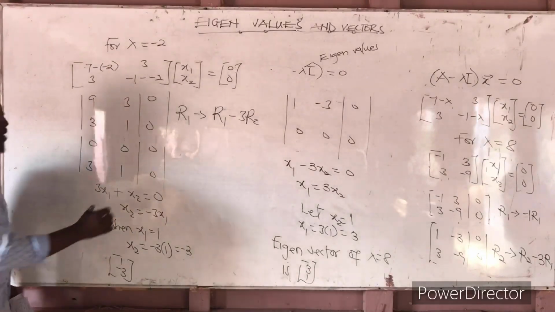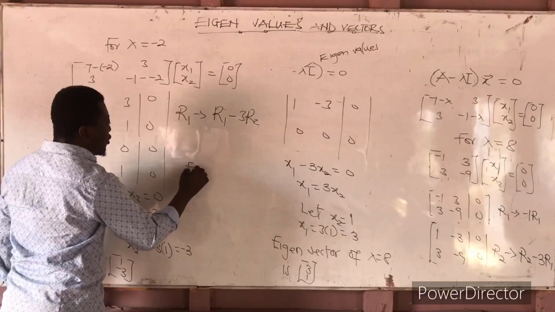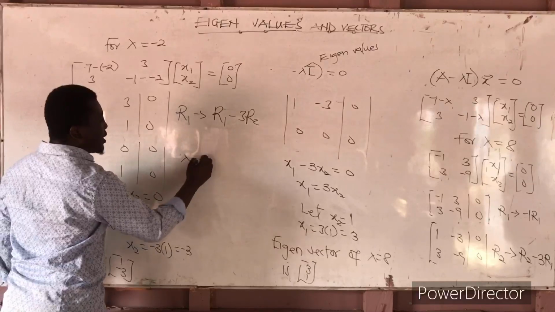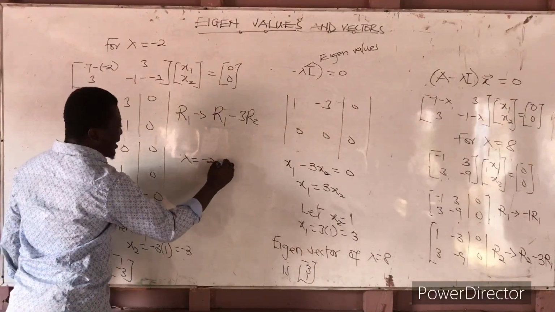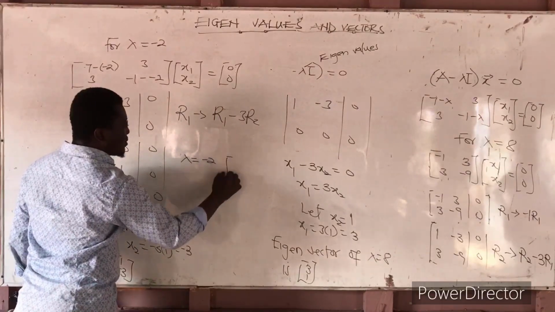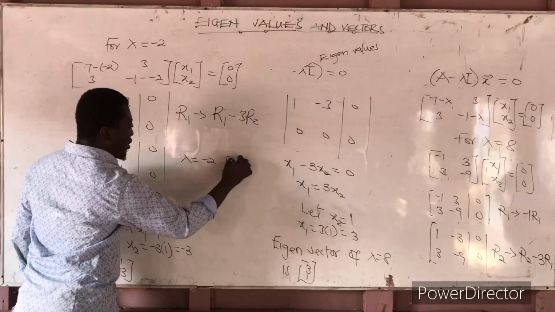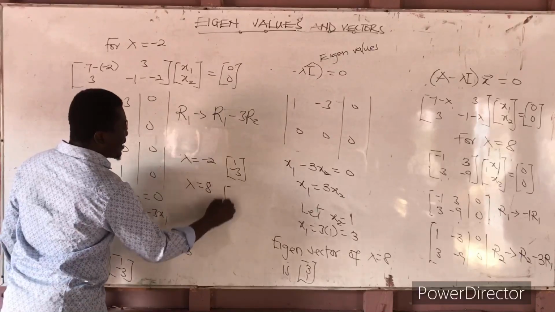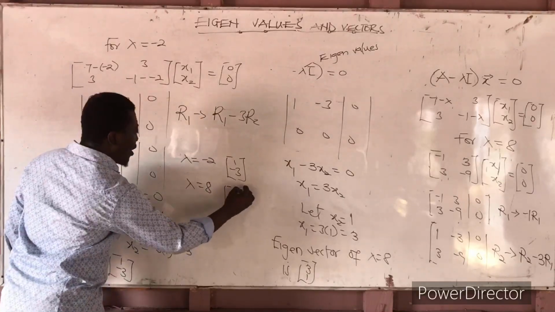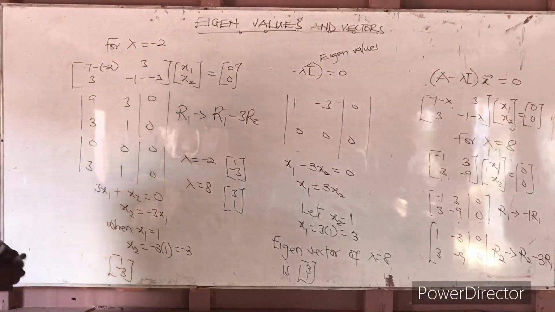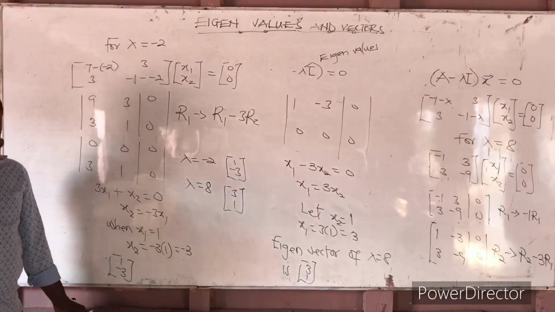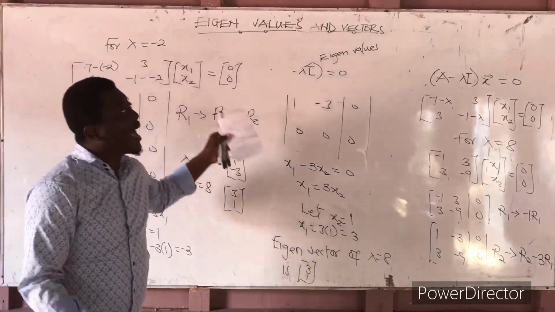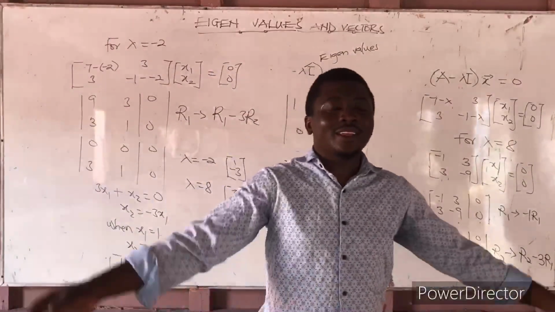So now after doing everything, when the eigenvalue is minus 2, the vector is 1, minus 3, and when the eigenvalue is 8, the vector is 3, 1. So that is the end of our first lesson, the introductory class for eigenvalues and vectors. Thank you for being with us.